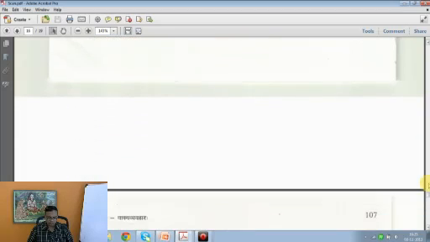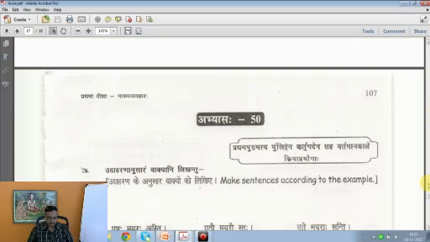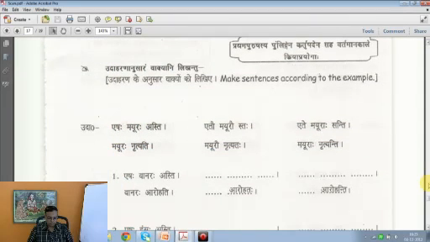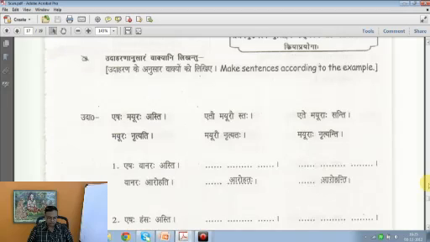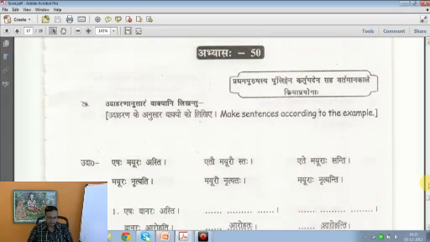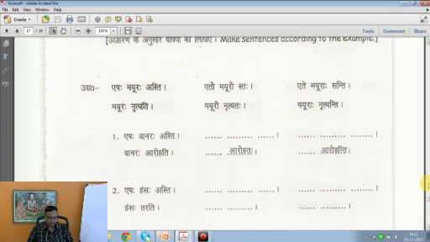Here you are supposed to make sentences according to the example given there. So please watch on page 107. Eshaha mayuraha asti. Etau mayurau staha. Ete mayuraha santi. Here you are learning the pronoun and also the new auxiliary verb, asti.